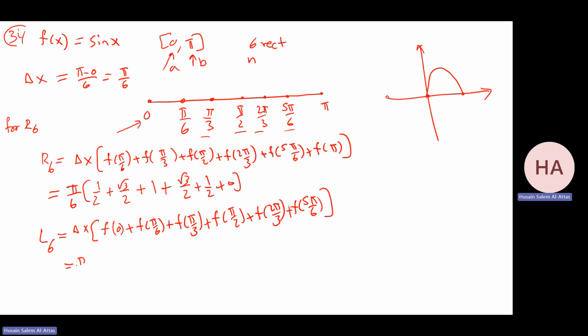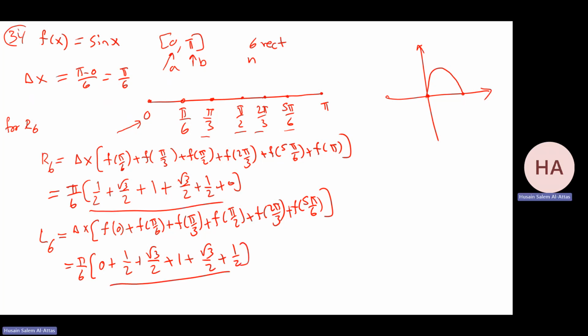And that gives me what? Pi over 6 times what? f of 0, 0, plus half plus square root 3 over 2 plus 1 plus square root 3 over 2 plus half. You notice this is the same as this. So L6 equals R6. Why is that?